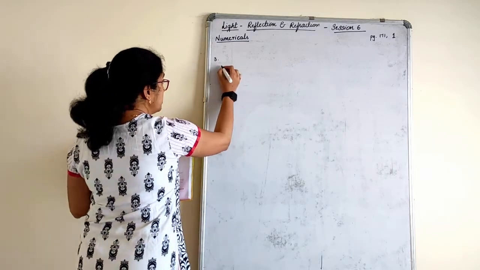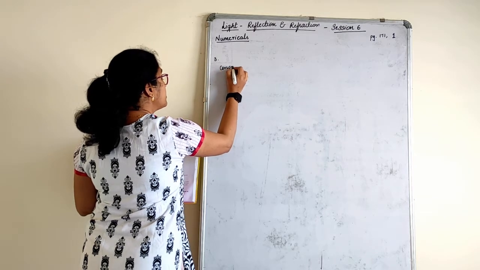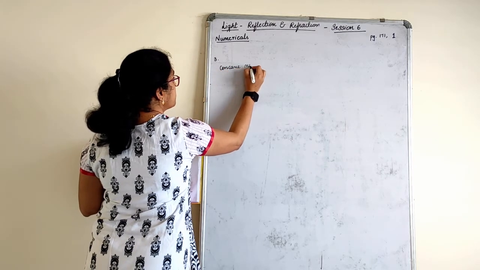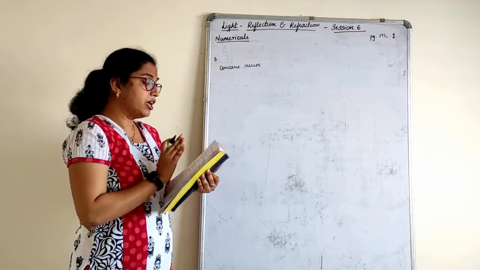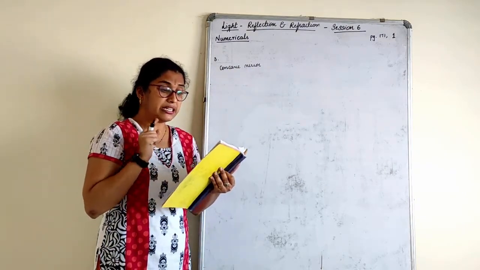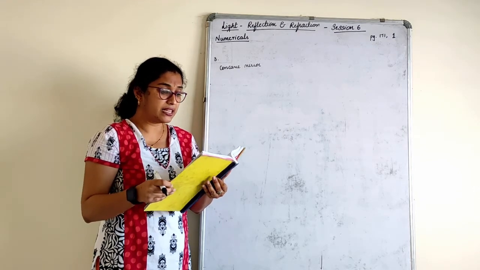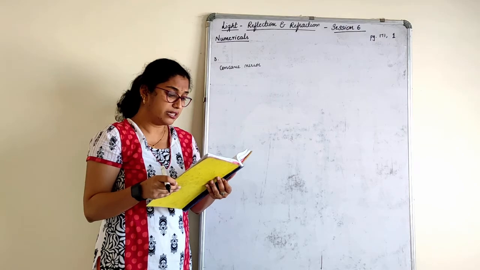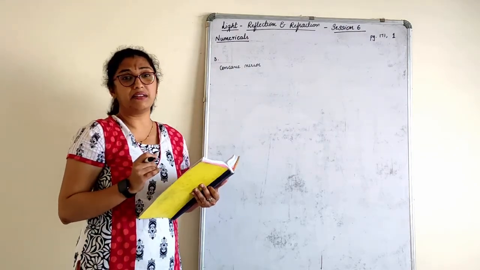Whichever type of mirror or lens you are using, please write it first: concave mirror. Just mention that in the beginning. A concave mirror produces 3 times magnified real image of an object placed at 10 centimeter in front of it.